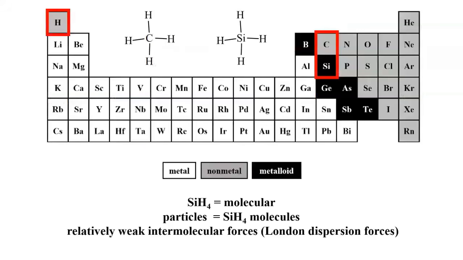So SiH4 is very similar to a compound called methane, CH4, also a gas at room temperature. SiH4 consists of molecules, individual particles of SiH4 with relatively weak intermolecular attractive forces between the molecules. And since it's a nonpolar molecule, it would experience only London dispersion forces.